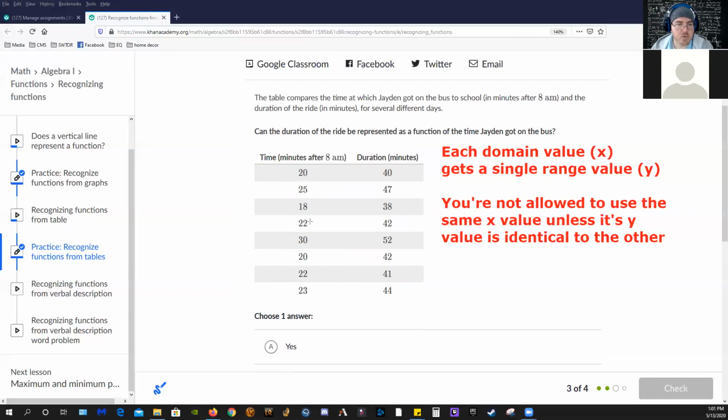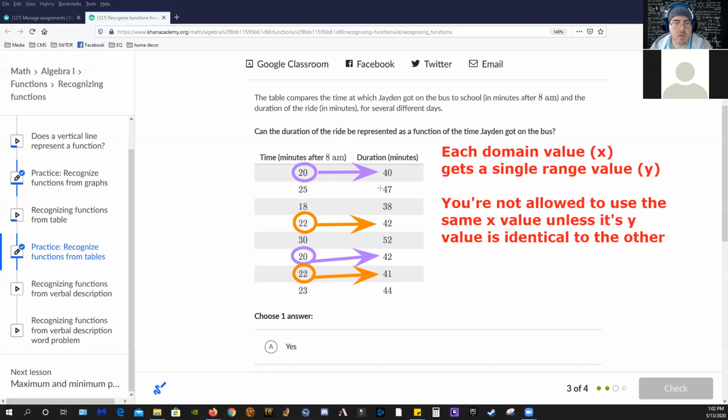$20, $25, $18, $22, $30, $20, 22, 23. So our unique domain values are 25, 18, 30, and 23. So now the question. So 20 goes to 40, and 20 goes to 42. Uh-oh, that's not good. 22 goes to 42, and 22 goes to 41.